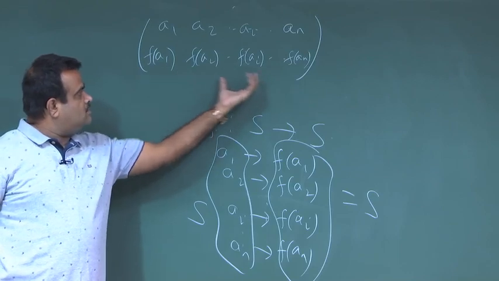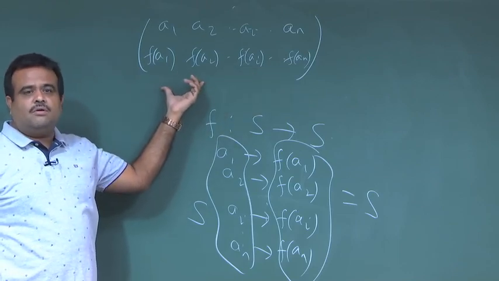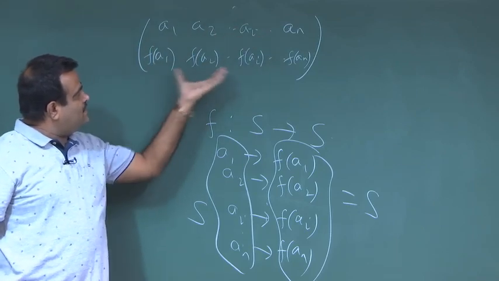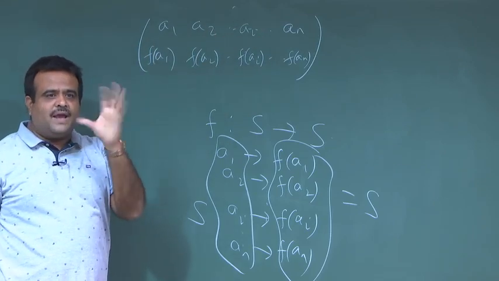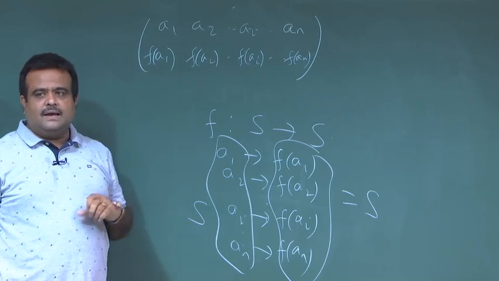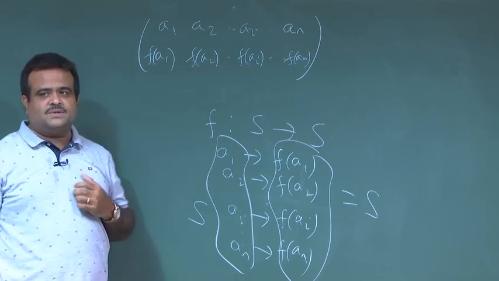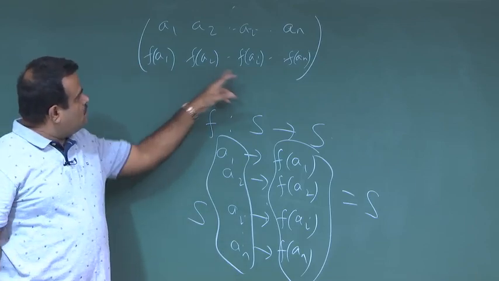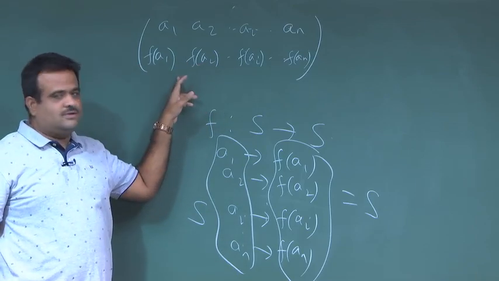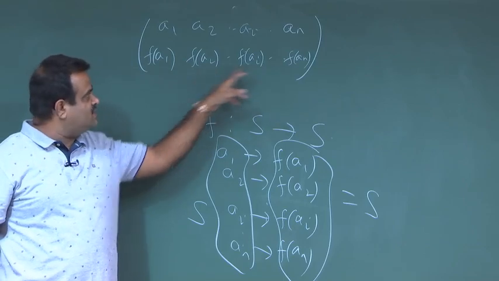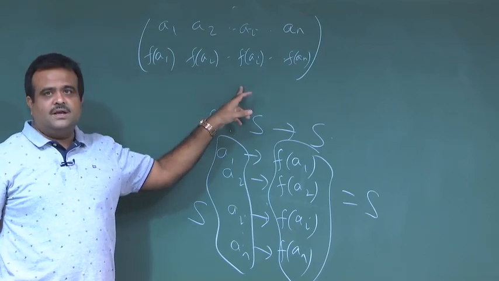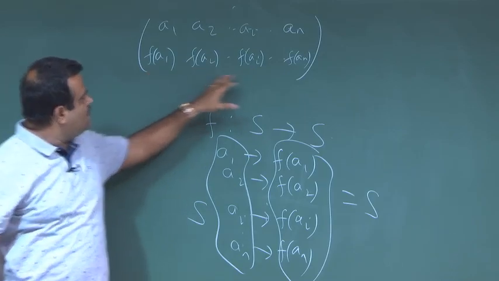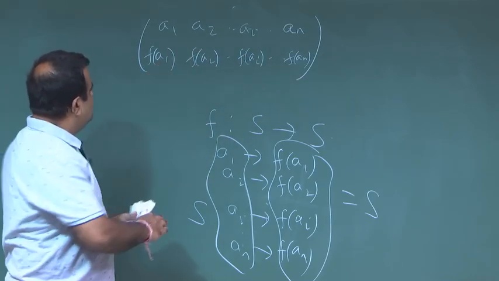So it will also be onto, so it will cover the whole set S. So any rearrangement is a permutation. That gives us a bijective mapping, 1 to 1, so there will be no repetition; these are distinct points, and it is onto, so it is covering all the elements. So this is nothing but S again, in some order.